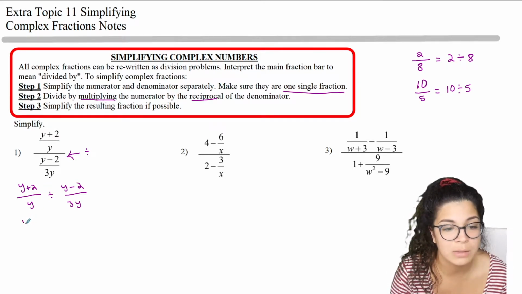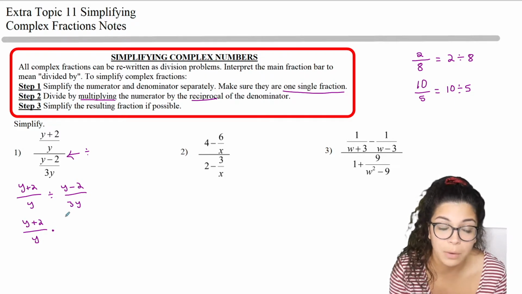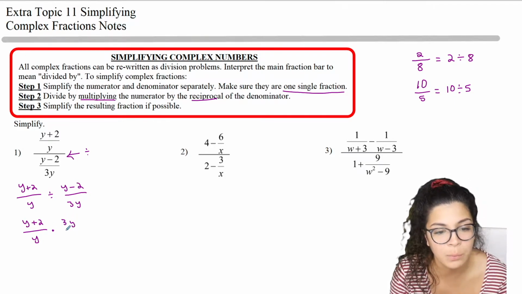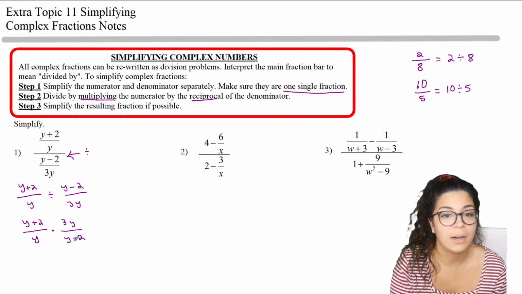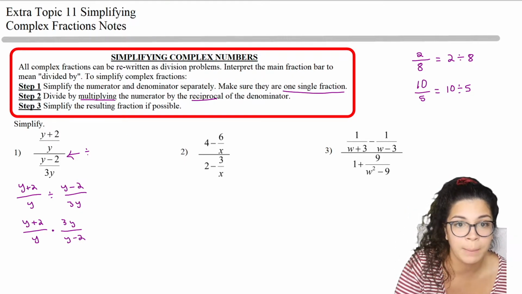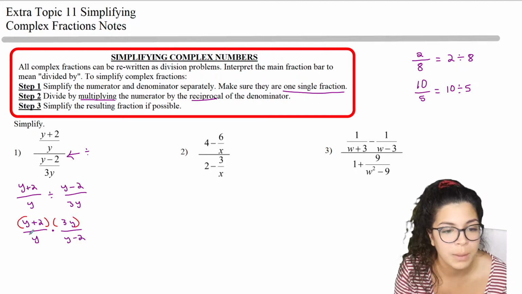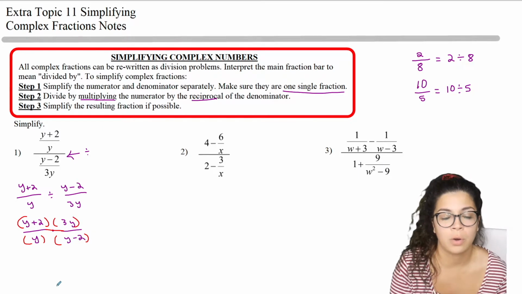Step 2 is you divide by multiplying the reciprocal. So I'm going to multiply by 3y over y minus 2. Now, I have to go ahead and simplify this. Remember that multiplying fractions is top times top over bottom times bottom. So really, it's already one fraction.